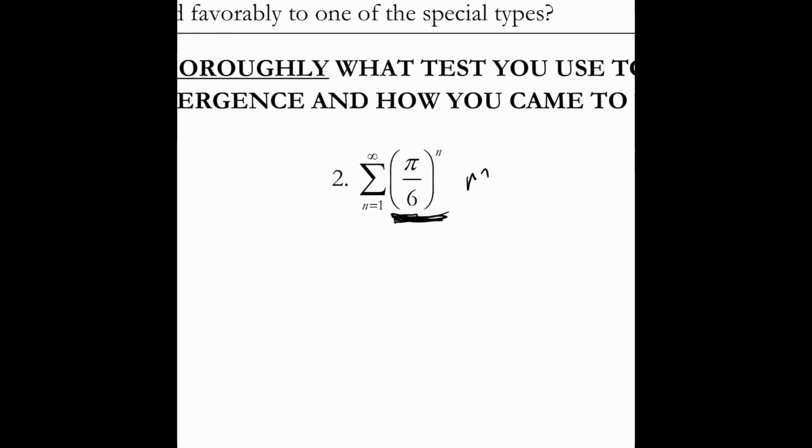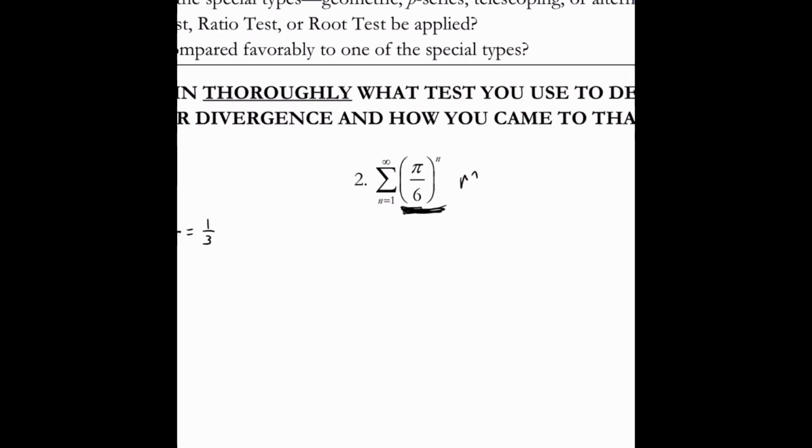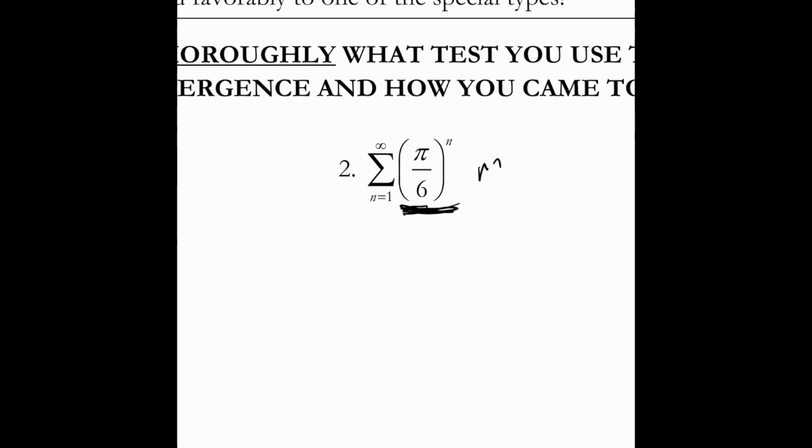I immediately recognize this as a geometric series. Anytime you see a number to the nth power, as long as that's all that's going on, then it's a geometric series with the initial term being pi over 6.